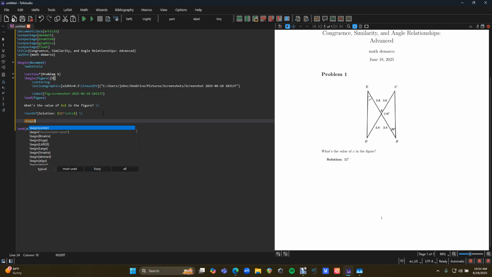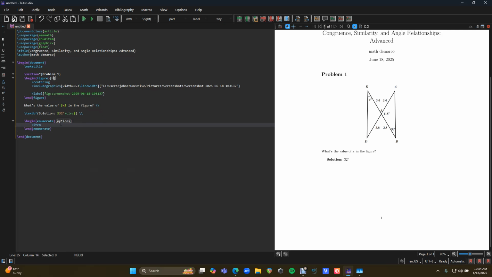Let's start with a begin enumeration with the options. We'll go label equals Arabic, and we'll make sure to put the backslash here, and then let's start with item 1.